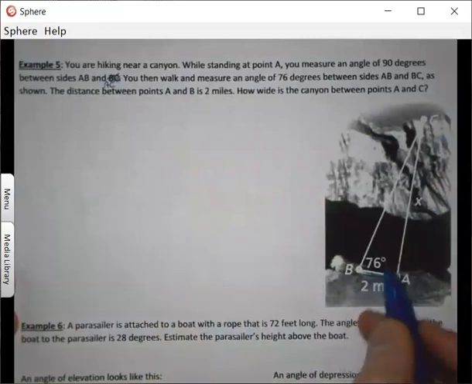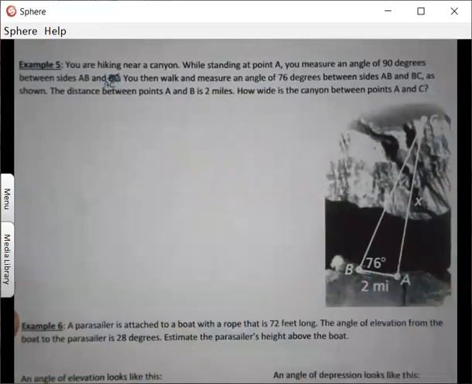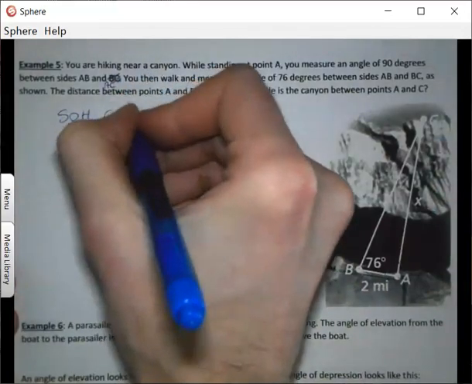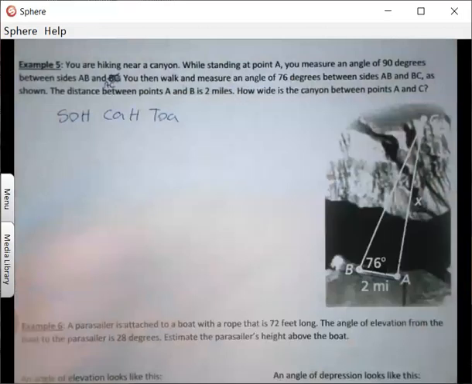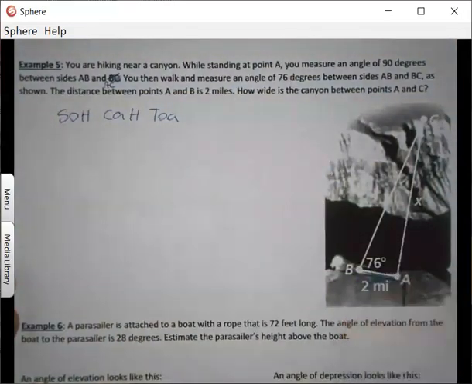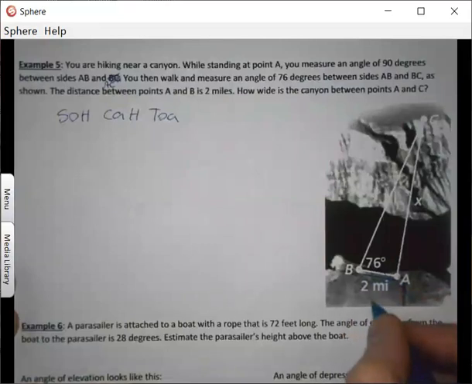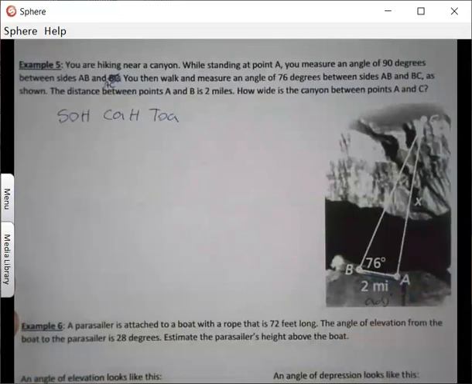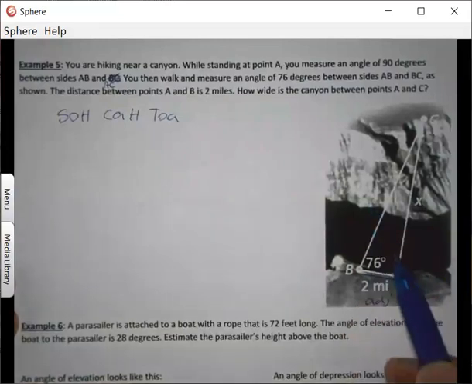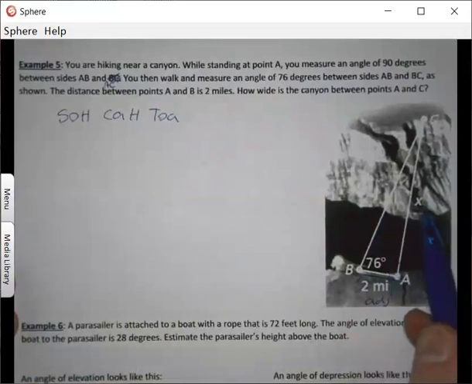So we're going to use our angle, 76 degrees. And again, we want to remember SOHCAHTOA. Based on this angle, this side is going to be adjacent. This is the hypotenuse, because it's across from the right angle I drew over, and this is going to be opposite.